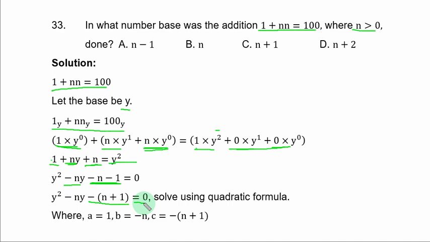If you compare this with ay squared plus by plus c equal to 0, the general equation of a quadratic with variable y, you understand that a is equal to 1, the coefficient of y squared. B is equal to minus n, the coefficient of y. And c is minus bracket open n plus 1 bracket close, that is the constant term. So we insert these values into the formula and solve for y, the required base.